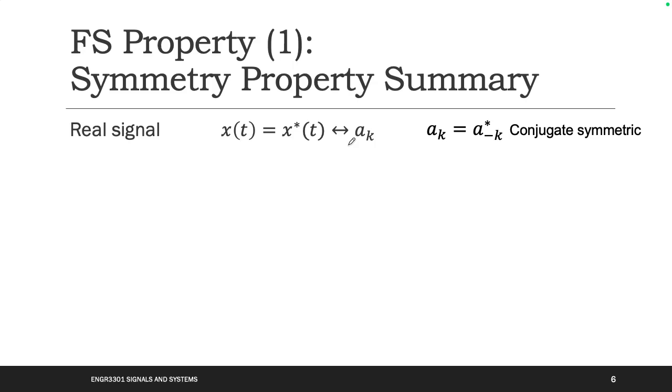Okay, and then let's talk about time reversal. If we have a signal x(t), and a_k is x(t)'s FS coefficient, and b_k is x(-t)'s FS coefficient, then we have b_k equal to a_{-k}. Let me ask you one question. For example, a_k is a conjugate number.